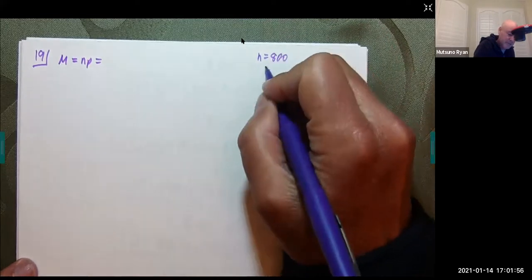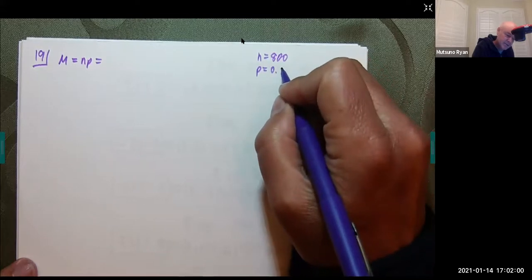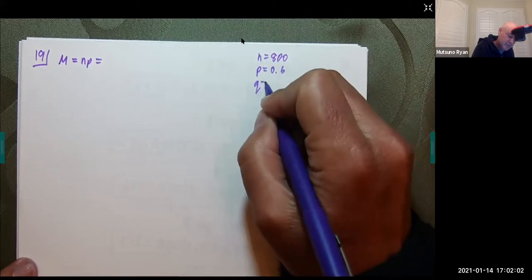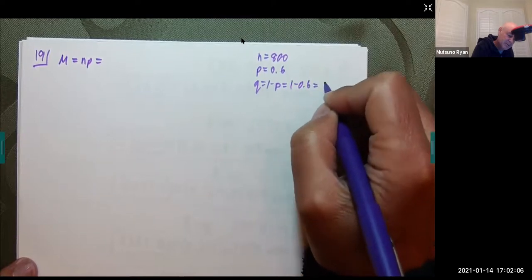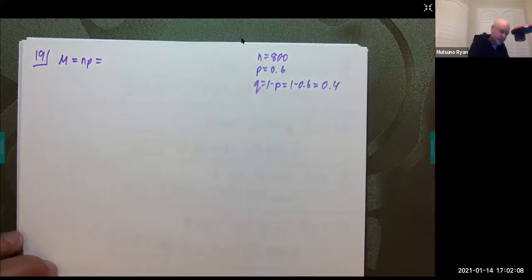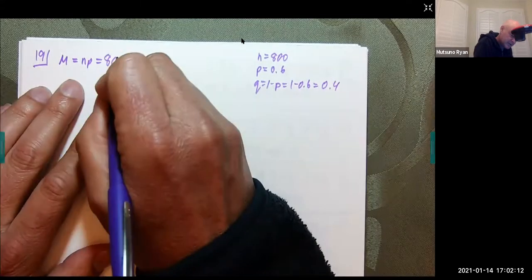What we need to find for this is the mean, which in this case is going to be N times P. For this problem, N is 800, P is 0.6, and Q, which is our 1 minus P, is 0.4. So to find the mean, I'm going to go N times P, that's 800 times 0.6.